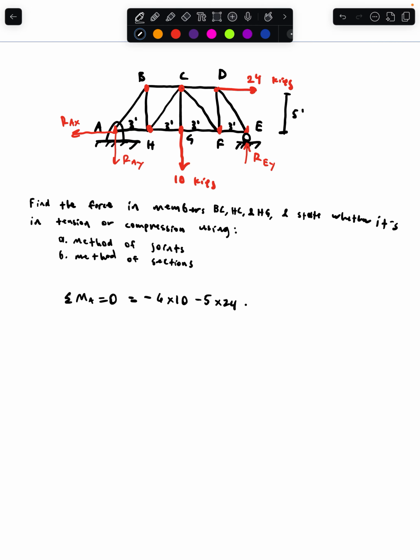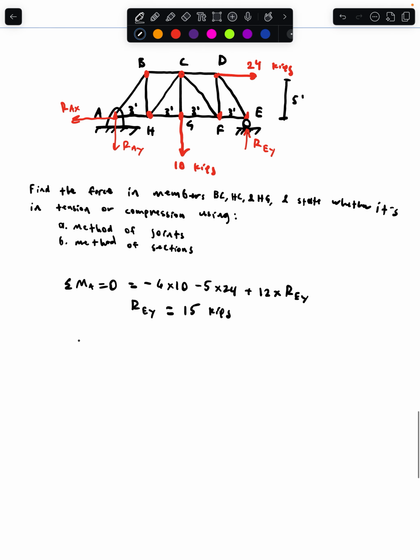And then in the positive direction, we have 12 feet times our reaction force at E. And so that reaction force at E is going to come to 15 kips.